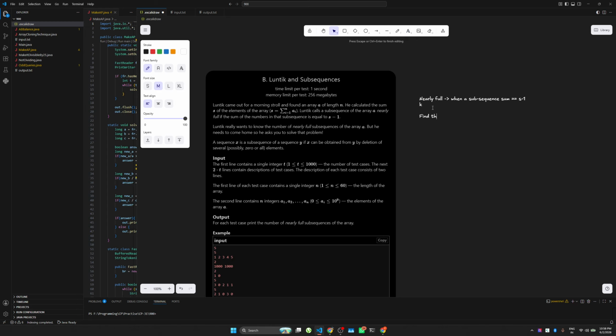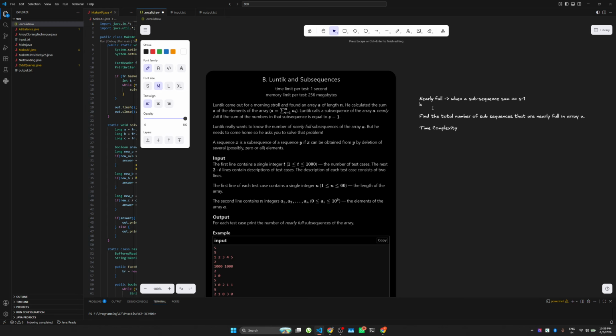Now find the total number of subsequences that are full in array A. This is what we need to find out, and now we will do the time complexity analysis.